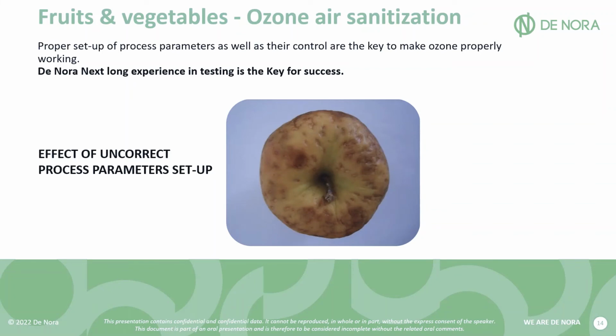But you need to pay attention, because as you can see in this photo, for example, we can see the effect of overuse of ozone. If you inject the right level of ozone inside the storage room, you can achieve good preservation of the fruit.